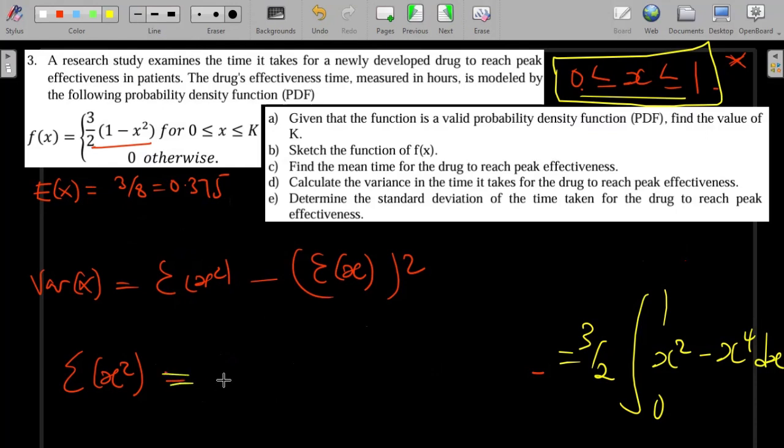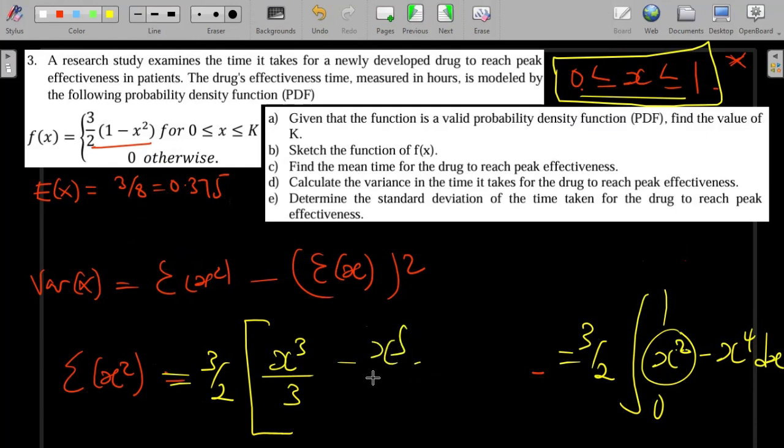So this will be equal to 3 over 2. If I integrate x squared, I get x to the power 3 divided by 3. You just add 1 to the power, and then you divide by that same new power. Minus, if I add 1 to this, I get x to the power 5 divided by 5. And then the limits are 0 to 1.